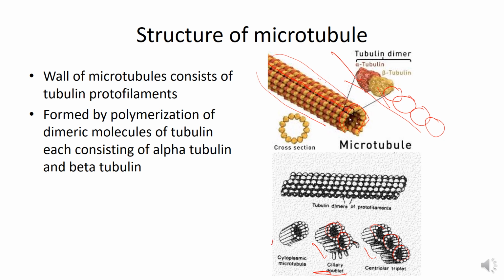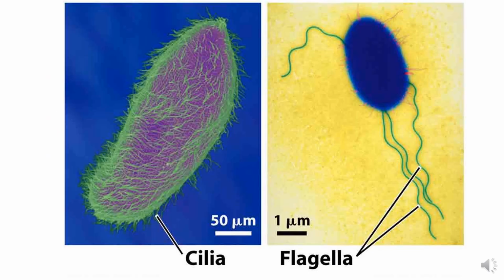So this is a single microtubule, and in cilia or the centriole, one or more microtubules are attached to each other to form these structures, which are important in the movement of the cells. Here you can see the cilia or the flagella. They consist of microtubules, and these microtubules help in the movement of these cells.